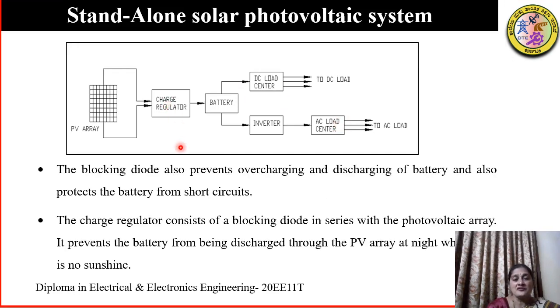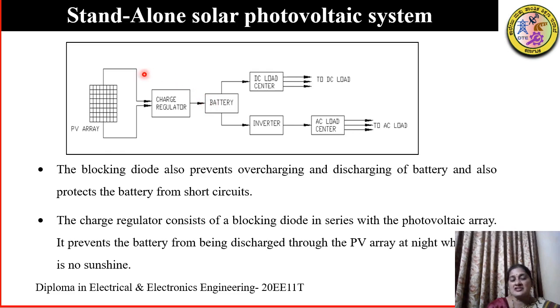In a standalone system, batteries play a very important role. During the daytime, when light falls, the battery gets charged. The charge regulator will protect the battery from overcharging. And at night time, there is no voltage from the PV array, so there is a tendency for the battery to discharge to the photovoltaic array.